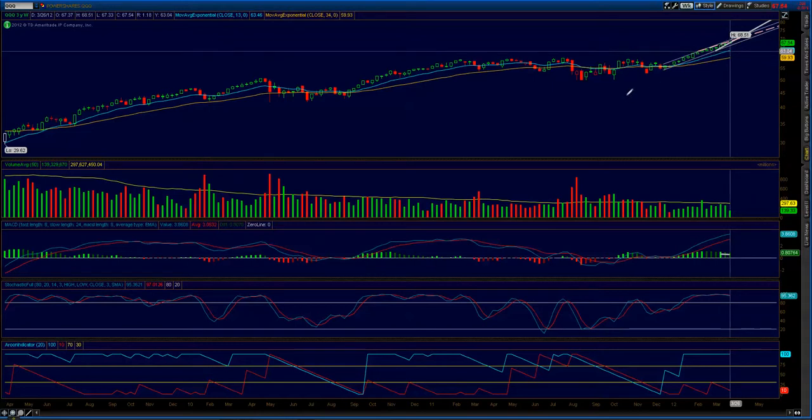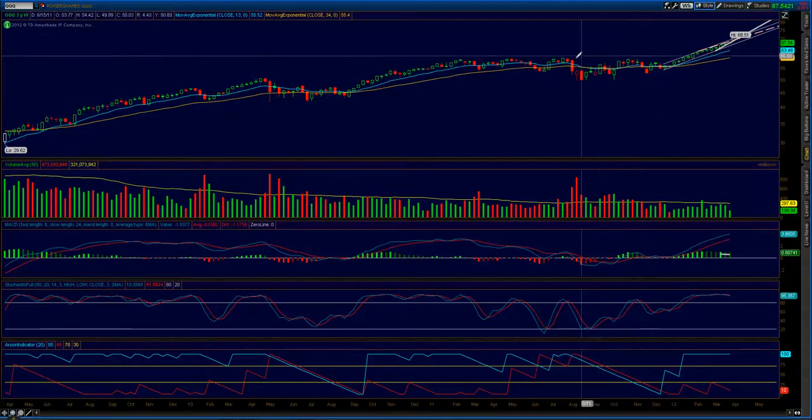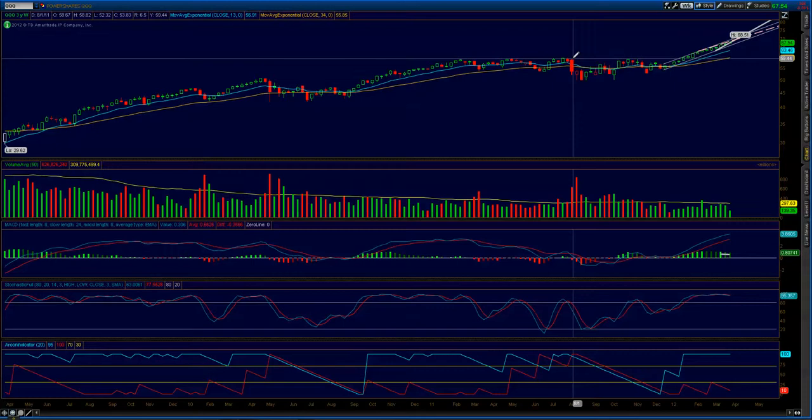So I don't see it even getting anywhere close to the 34-day moving average. But again, we'll have to see how next week starts with the reporting of the quarterly reports. You can see there's a lot of support in this area.